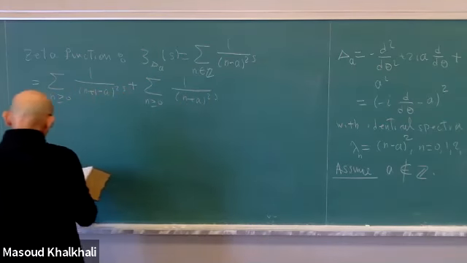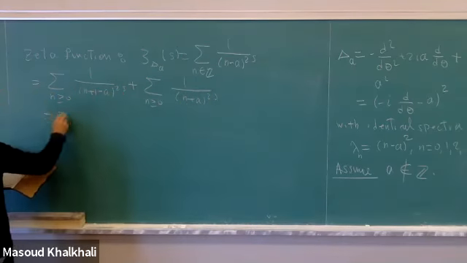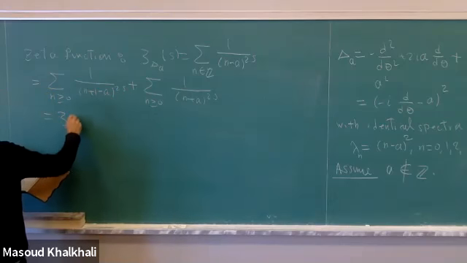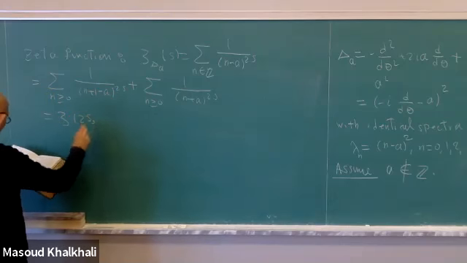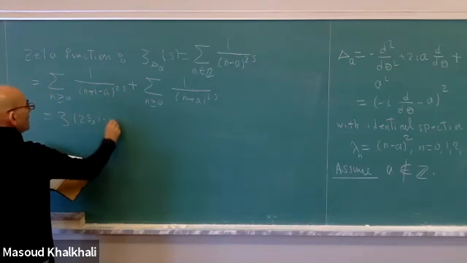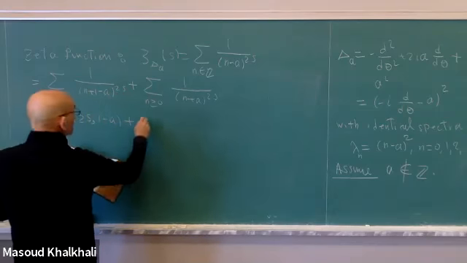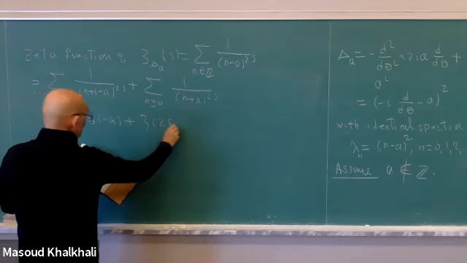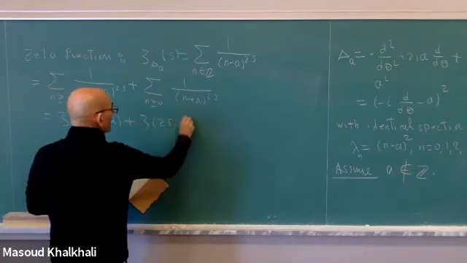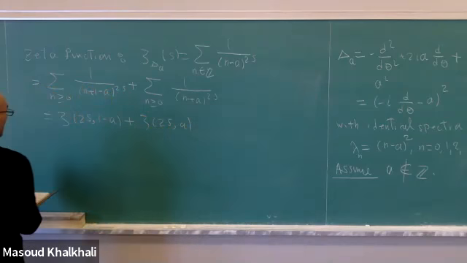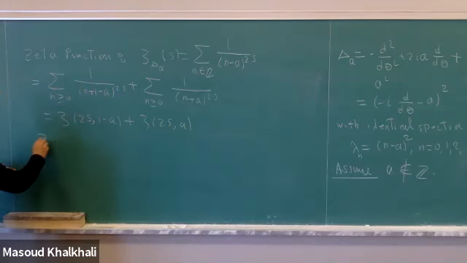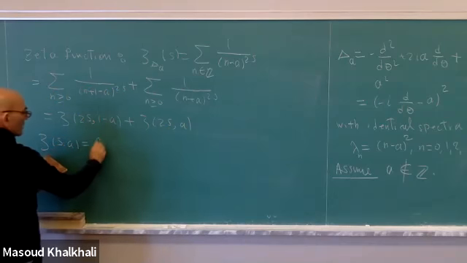So you can write this in terms of the Riemann-Hurwitz zeta function: zeta of 2s and 1 minus a, plus zeta of 2s and a.